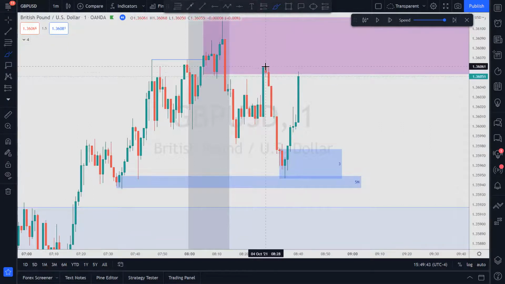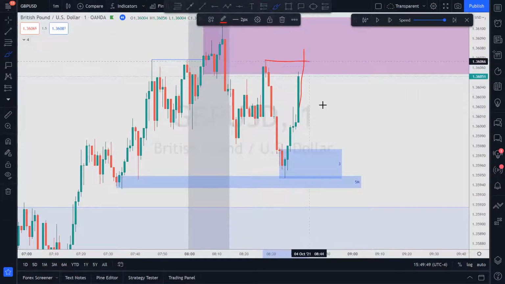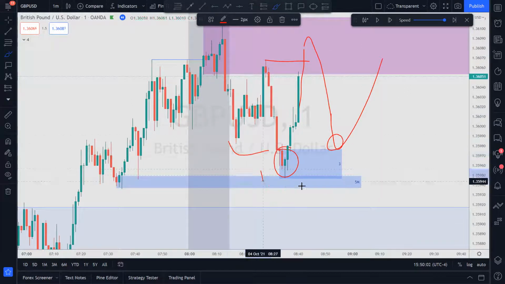Now, if price breaks this high without breaking that high, we're coming back for a return to impulse. And this would be the impulsing order block down here. I'm looking for this, and that'll give me my quasi, and life will be okay.